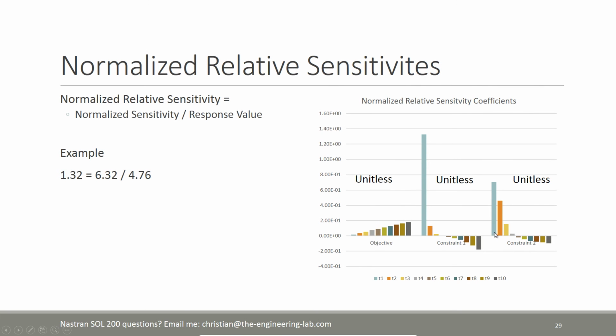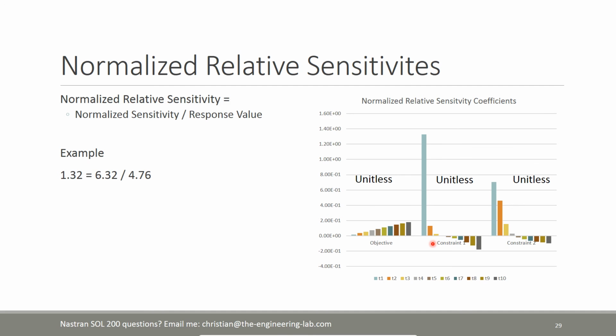This is very handy in situations where you want to decide what design variables might be worth looking at during an optimization. Some design variables will influence the objective a lot, some will not.